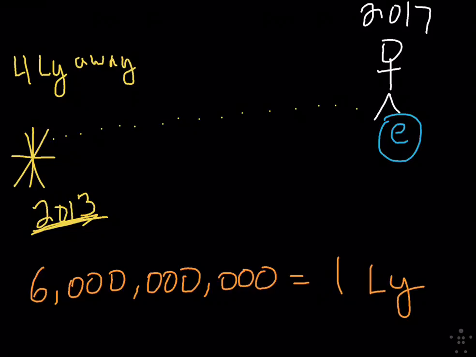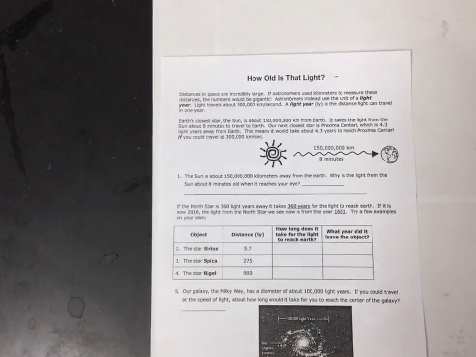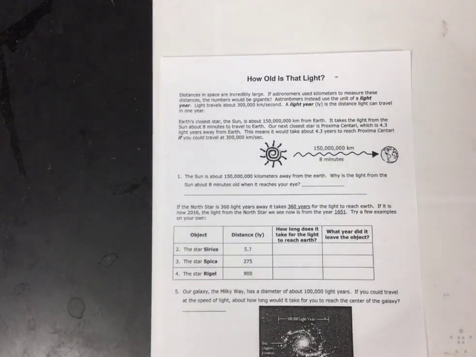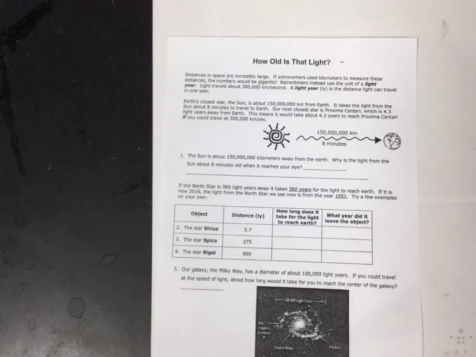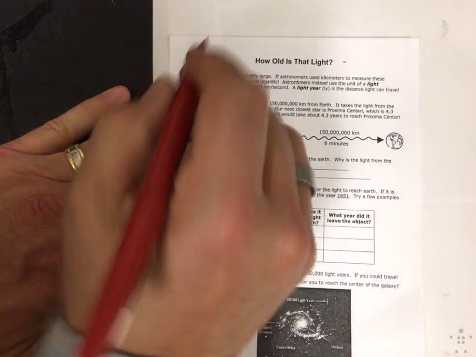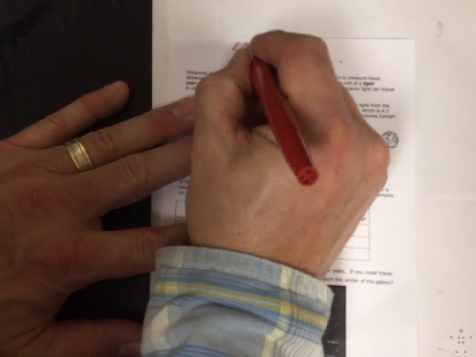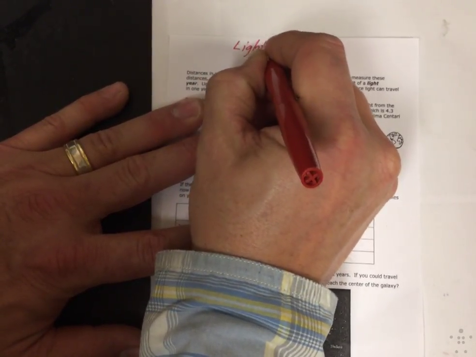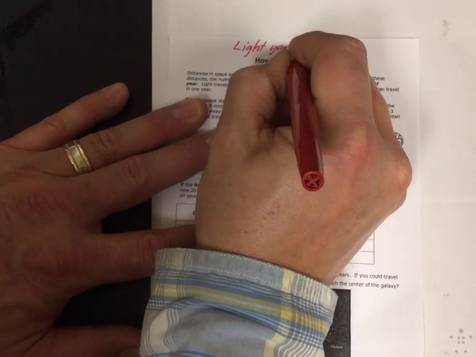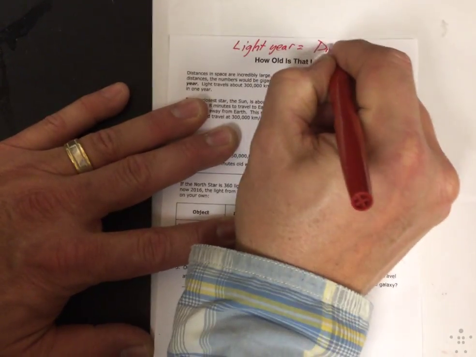So I'm going to go back to our paper. This paper explains that exact concept of light taking large amounts of time to travel big distances, and we call it a light year. A light year is a measurement of distance. What I would do if I was you is write: light year equals distance.